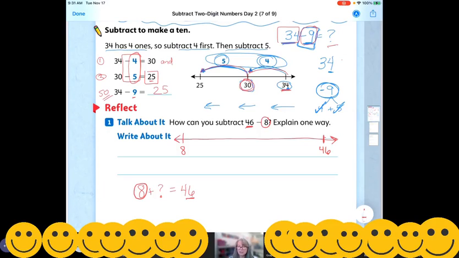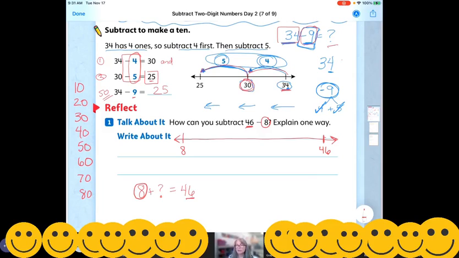And I'm going to repeat myself over at the side of my paper, because when we talk about the tens, we are talking about 10, 20, 30, 40, 50, 60, 70, 80, and so on. I'm not going to go any farther, but those are the tens. So if I'm starting at 8, what would be the very closest, the very next 10 going up? What would that be? If you know that answer, push your little hand in. I'll take the first one.